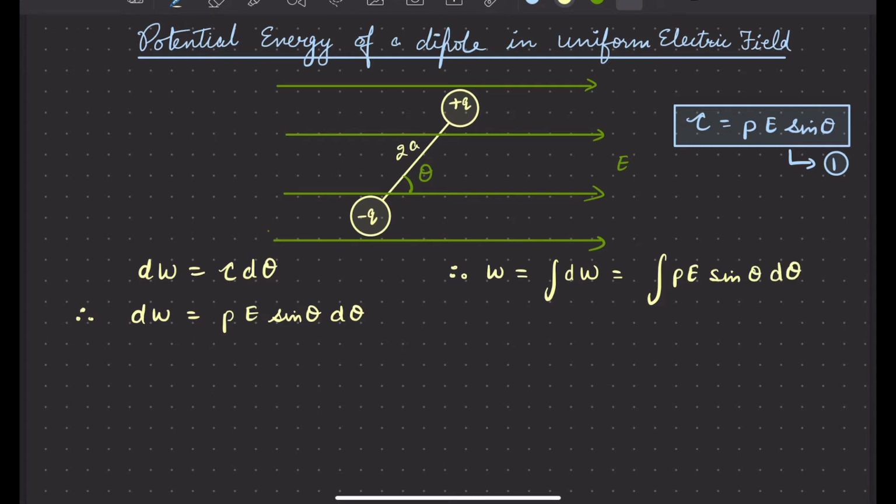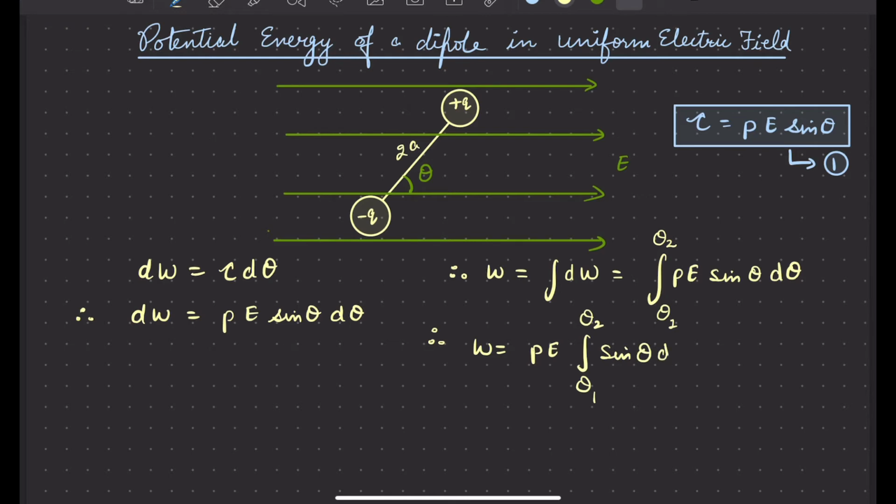As the angle is going to change from an initial angle to a final angle, let us say the initial angle which the dipole was making with the direction of the uniform electric field was theta 1, and the final angle after experiencing a torque is taken to be theta 2. Therefore, we have total work done W equal to PE integral from theta 1 to theta 2 of sine theta d theta.